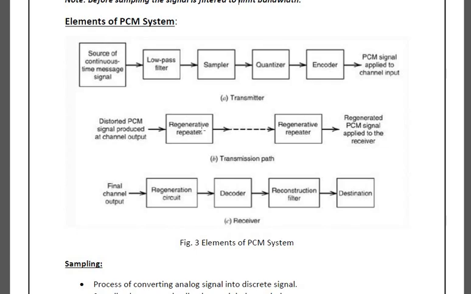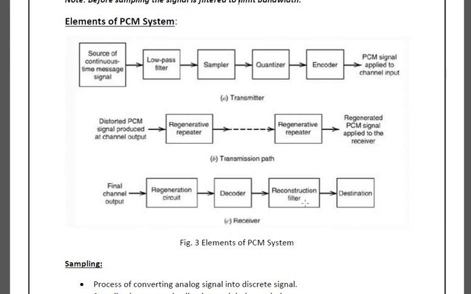So in the PCM system you will be having some number of regenerative repeaters in this part. So what is a regenerative repeater? It is used at an intermediate point between your transmitter and the receiver, yes or no? It boosts up the pulse amplitude and avoids distortions, because your transmitted signal through a particular channel is given to the receiver.